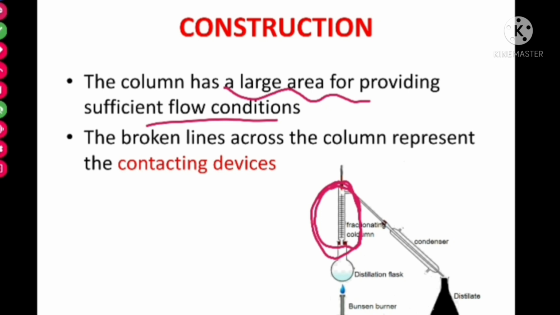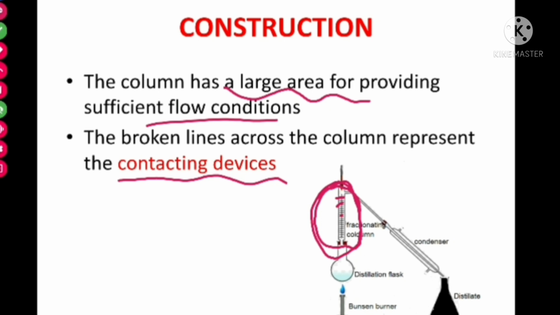Here you can see broken lines in the column. These broken lines represent contacting devices. These contacting devices are helpful for the partial condensation of the ascending vapors. As we know, our ascending vapor contains both high boiling and low boiling fractions.